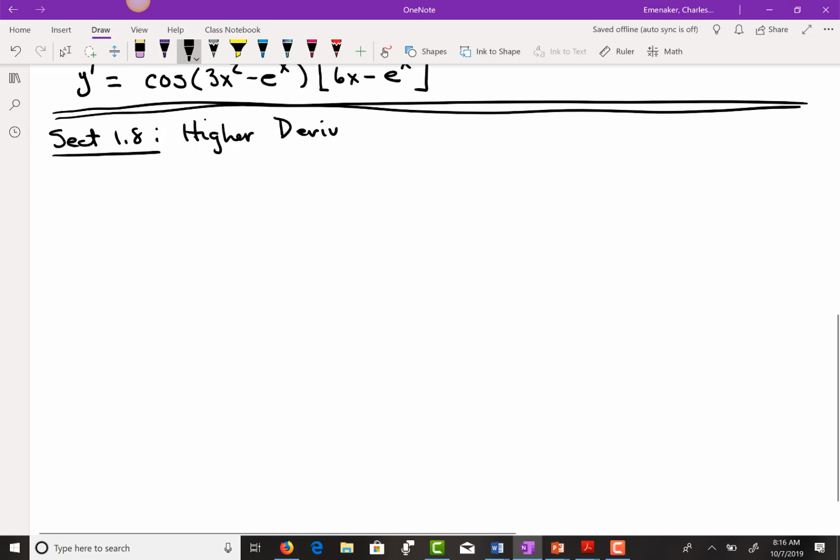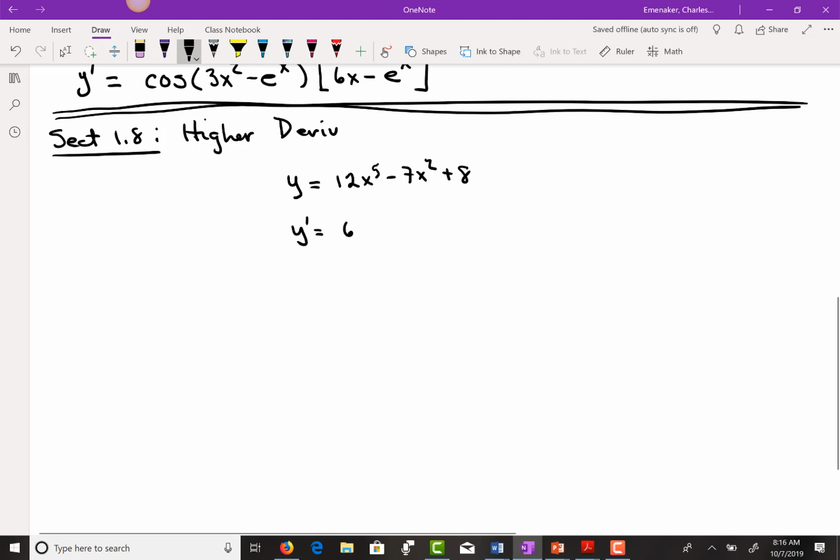However, what's going to wind up happening is we need more information. If, for example, we start out with something like y equals 12x to the fifth minus 7x squared plus 8, we can compute the first derivative.